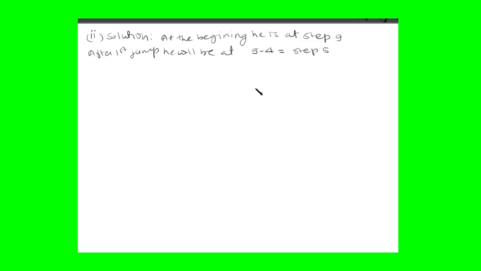As he is moving 4 steps up in the jump, and in the second jump he moves 2 steps down. This way, in every move, he jumps 4 steps up and 2 steps down.